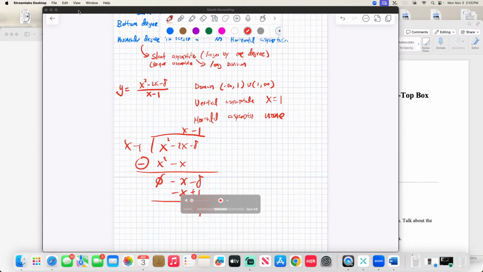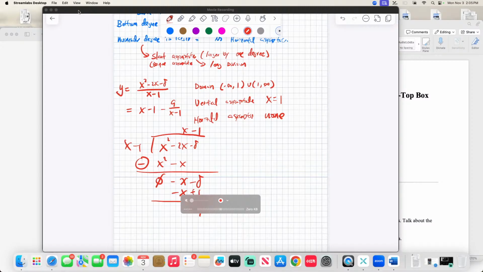The new equation is going to be x minus 1 minus 9 over x minus 1. You can use the other way of dividing, synthetic division, in this case because it's x minus something, but usually long division is fine.